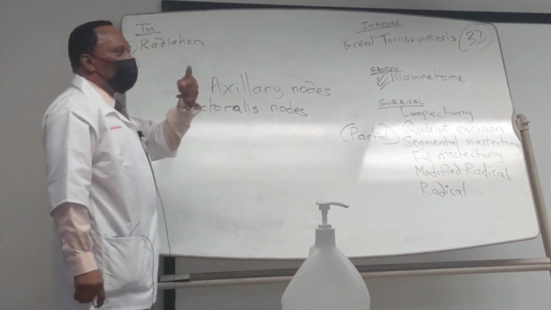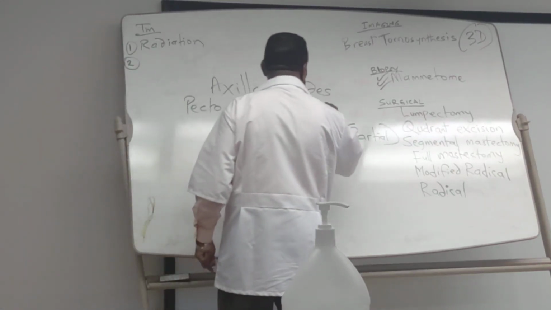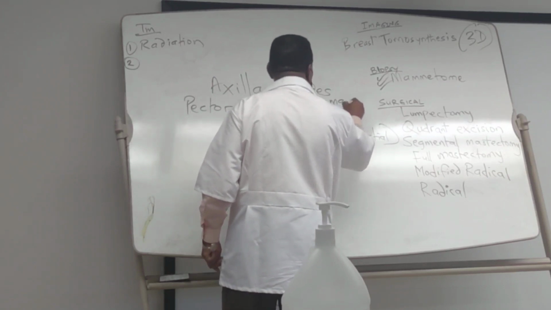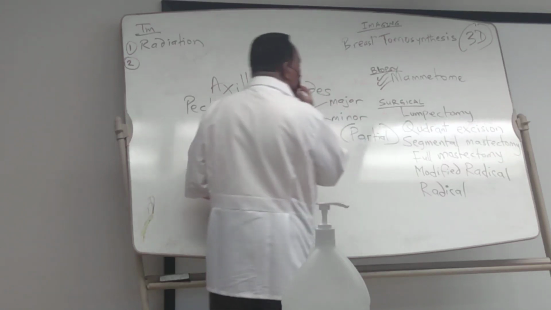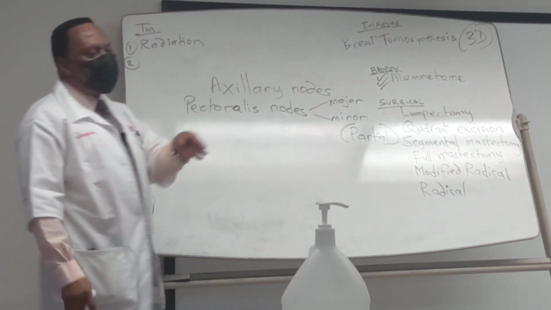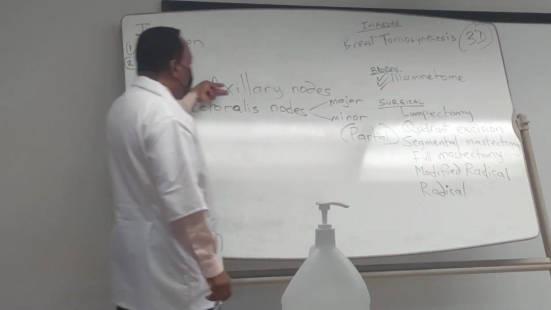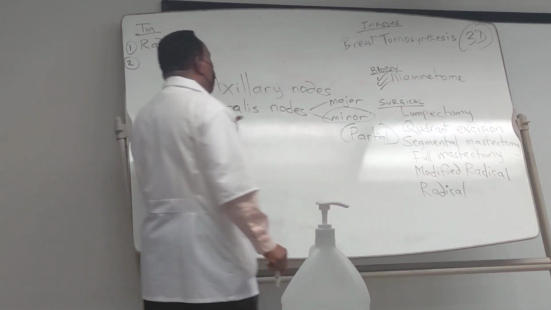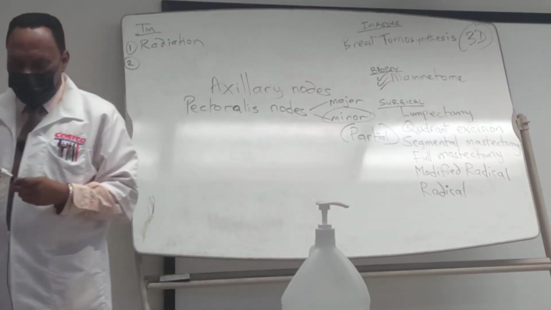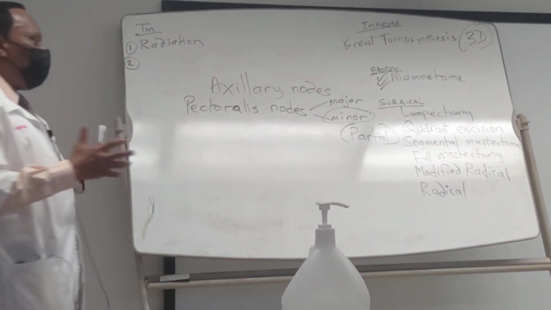And the pectoralis nodes you divide into two, major pectoralis and minor pectoralis. So in modified radical is the axillary nodes and the minor pectoralis nodes.